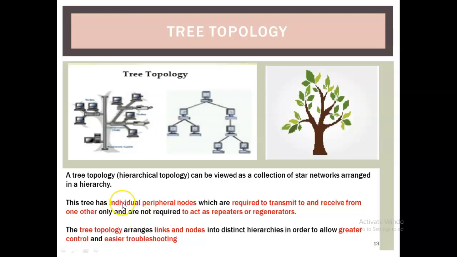In the tree topology, individual peripheral nodes, which are required to transmit information or data, receive this information or data one after the other with the help of repeaters and regenerators. The tree topology arranges links and nodes into distinct hierarchies in order to allow greater control and easy troubleshooting.